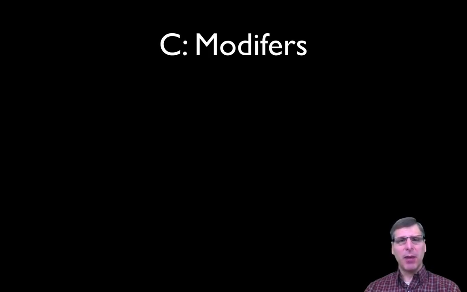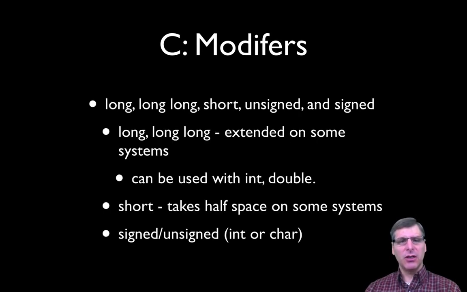We also have some modifiers that we can use when we define integers and floats. So we can use long, short, unsigned, and signed. And all of these basically help specify how much space we actually want to have the variable occupy in memory.